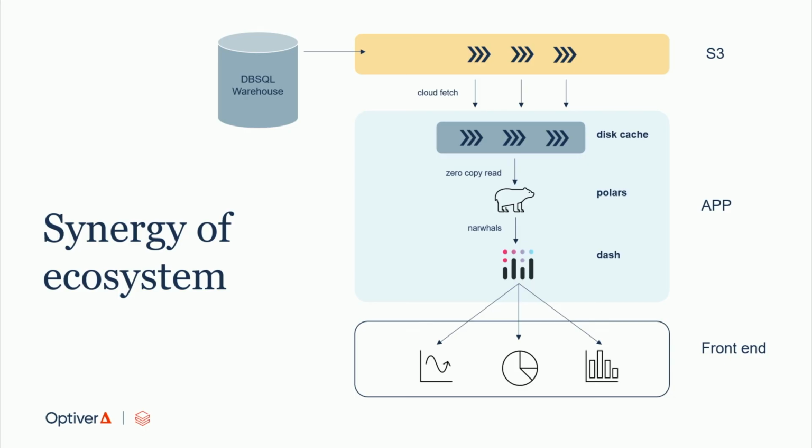Then, thanks to Narwhals, we can plug Polars directly into Dash, and no conversion to pandas is needed. The result is a fast and fluid dashboard that scales from the back end to the front end. And this whole workflow works because of the shared columnar format powered by Apache Arrow. This enables seamless performance across our stack.